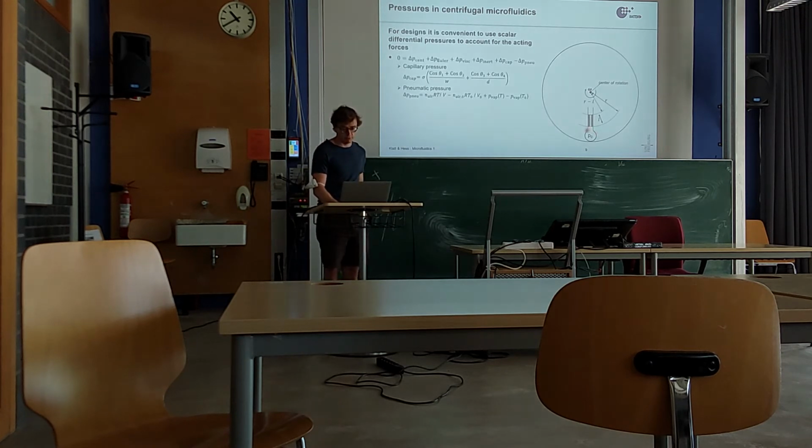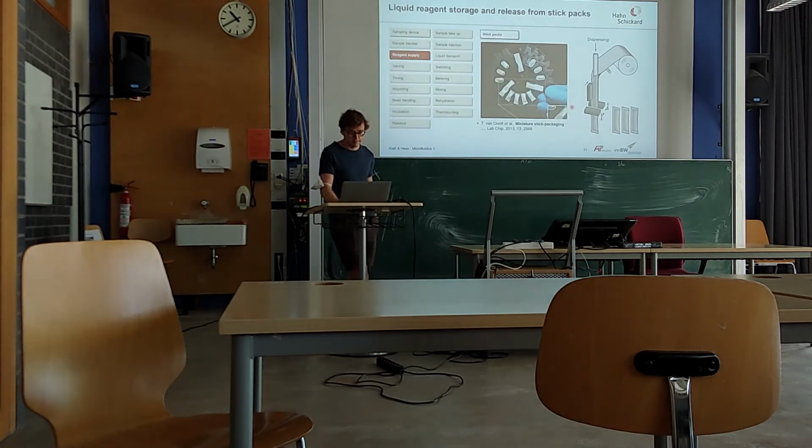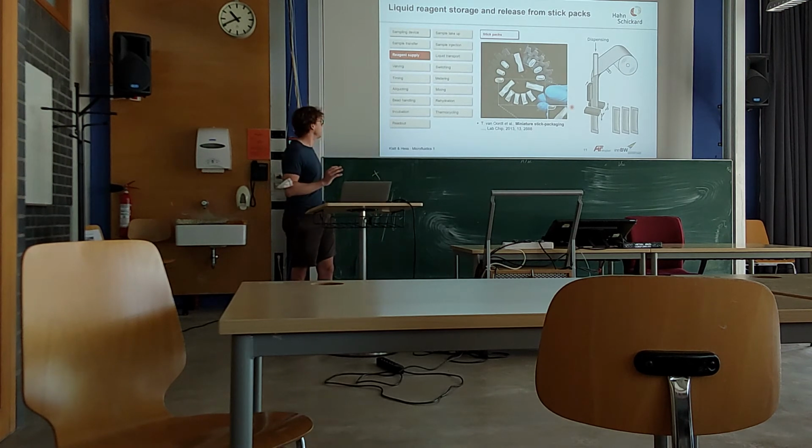So if you have a closed volume of let's say V0, and you now transport this liquid column in this direction, the volume gets compressed, and that's why by the ideal gas law the pressure rises until you reach a balance between, in this case, the centrifugal pressure from the liquid column and the ideal gas pressure, so the pneumatic pressure. Okay, so that's it for the basic forces that are of importance.